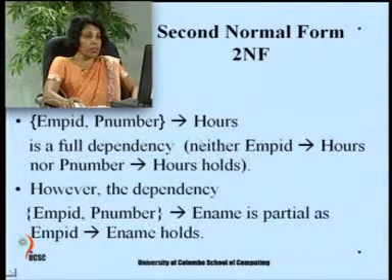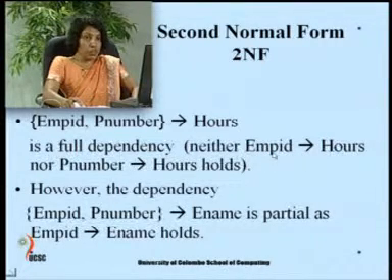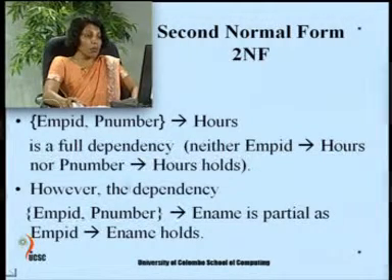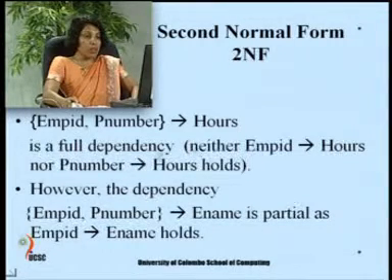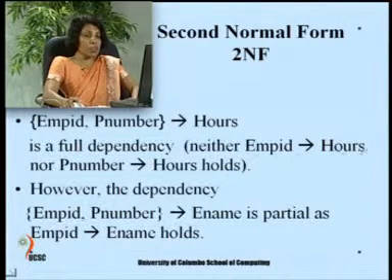This is called full functional dependency, because we can't say that employee ID alone is the determinant of number of hours, or that project number alone would be the determinant. They have to come together.